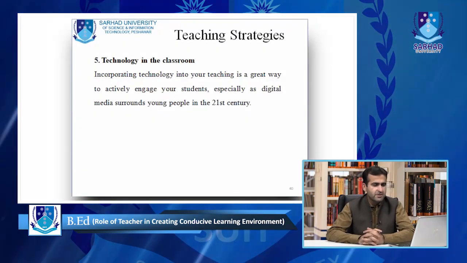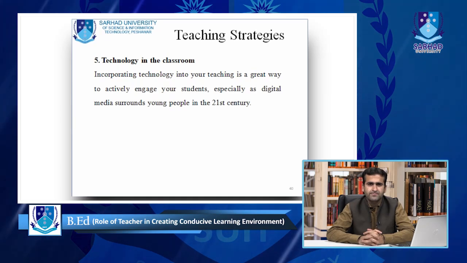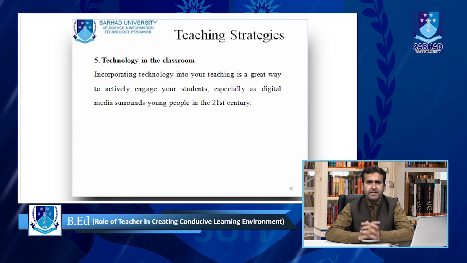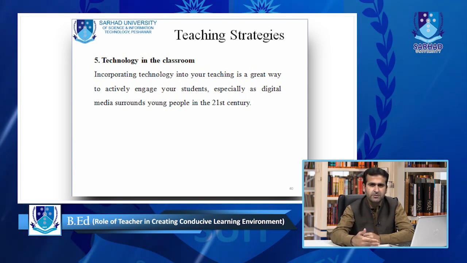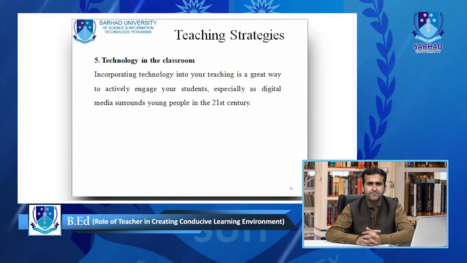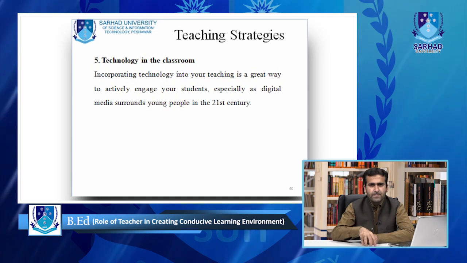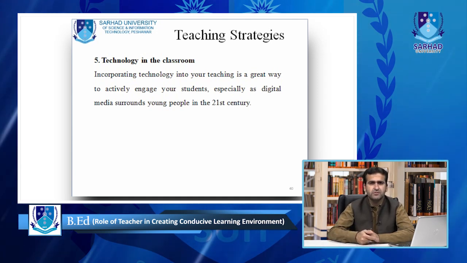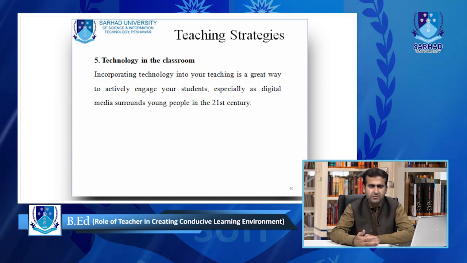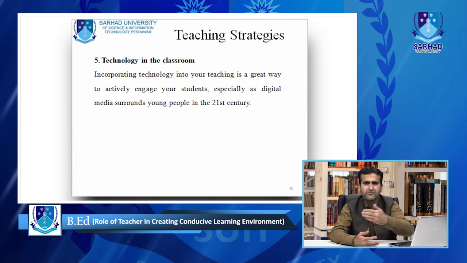Next, technology in the classroom. Nowadays, technology is playing a very vital role in providing up-to-date information. Why? Because of technology, we are getting information through the latest research works. We are providing information to the students in a very easy and comfortable manner.